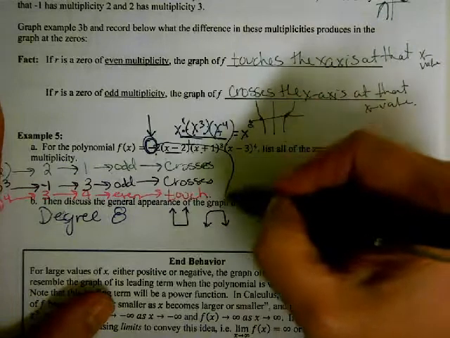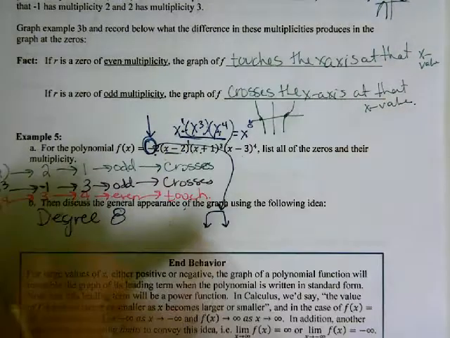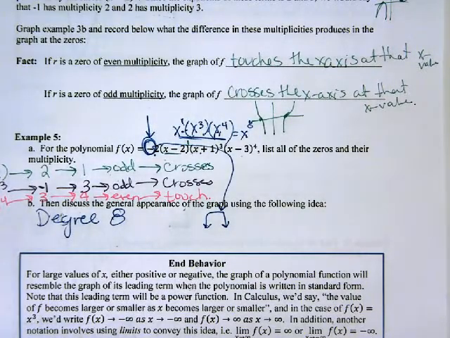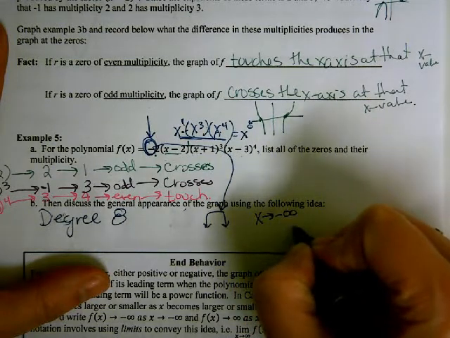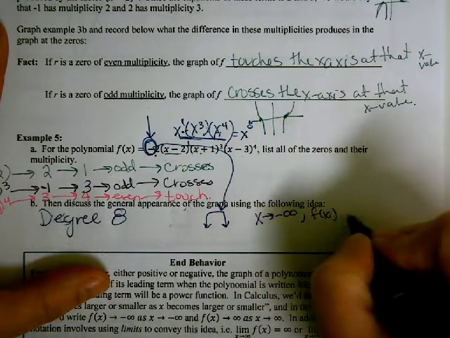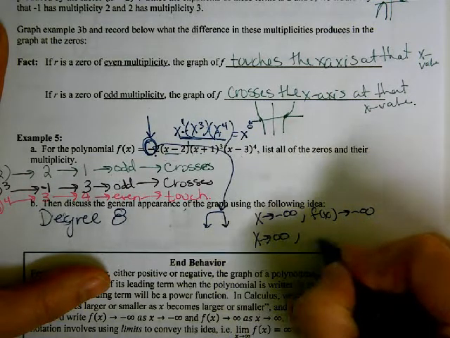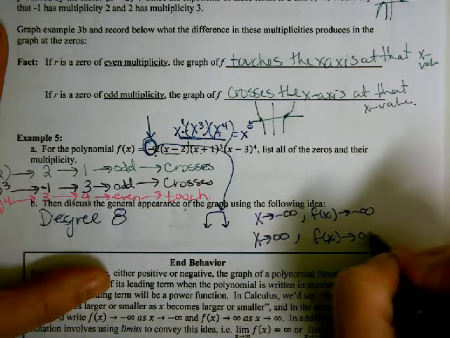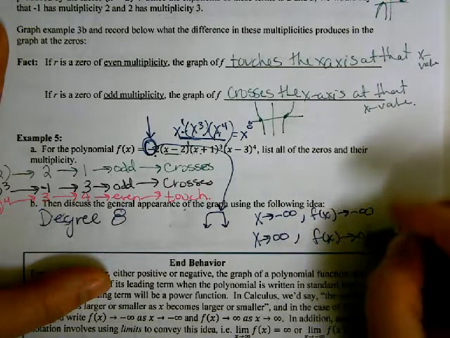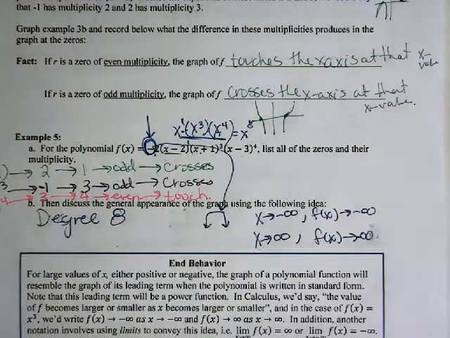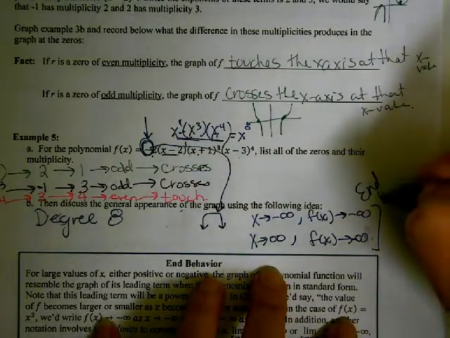That means this function is going to be a downward facing parabola, which we said before was as x goes to the left, that's negative infinity, you should expect your function to go down, and as x goes to the right, you should expect your function to go down as well. So that was from a previous slide. We call this end behavior. This right here is literally called end behavior.